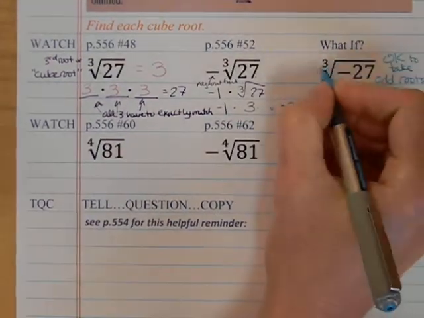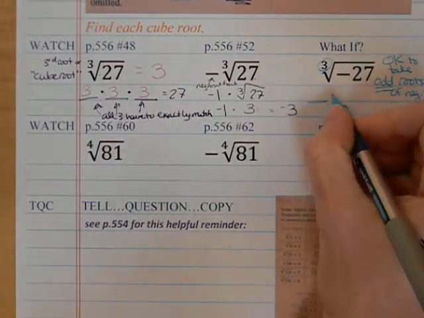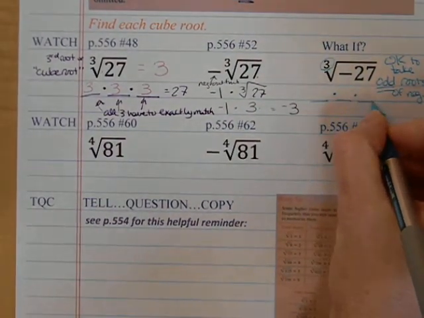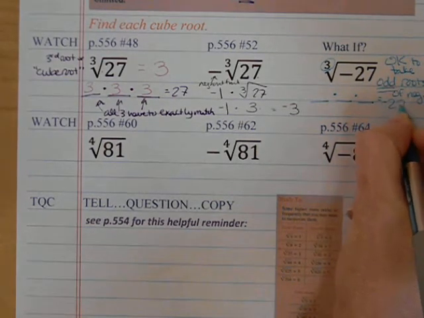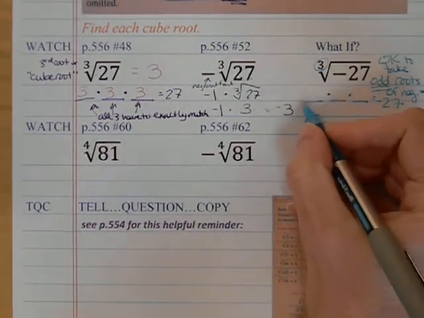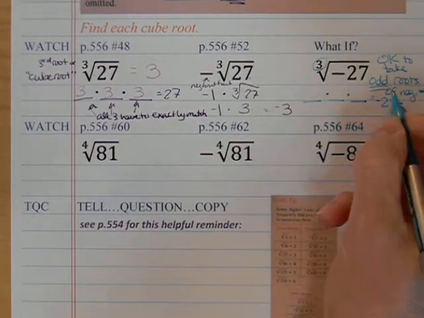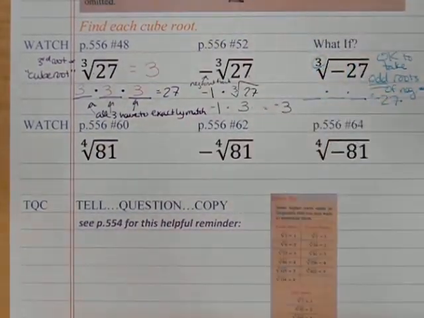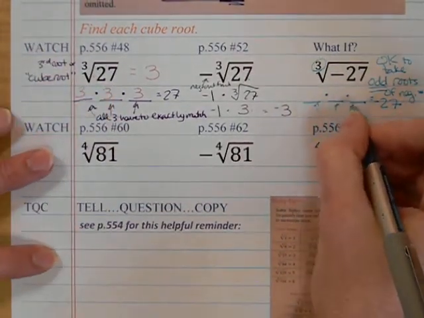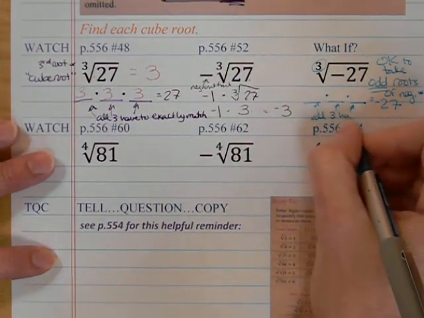Why? Well, in this case, it's a third root. So we're looking for something times itself 3 times that would give us a negative 27. Okay, it won't be a positive because positive, positive, positive would still give you a positive. But if you take a negative, and again, all 3 have to exactly match.